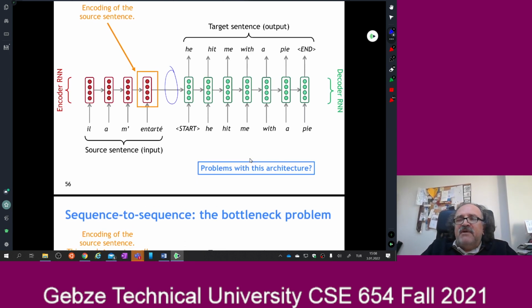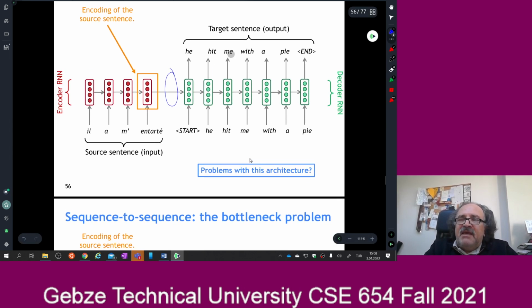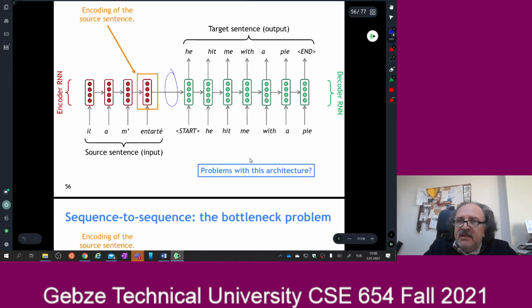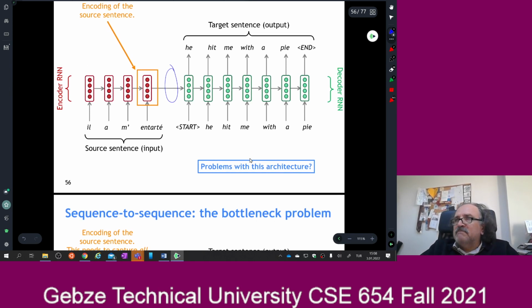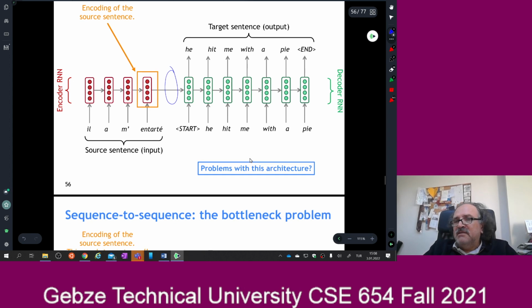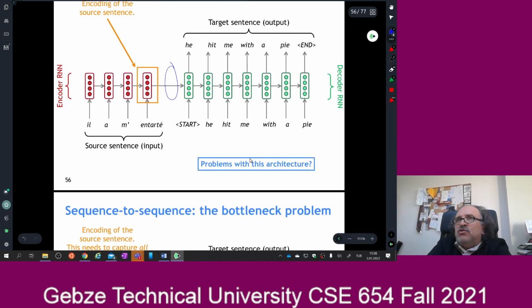So the idea is this. Why don't we use these vectors to represent he, me, hit me, and with? Represent this pie with this vector. Is this a good idea? Because this one is going to produce pie, right? Why don't we use this vector to represent pie, instead of word2vec? I can do that, right?